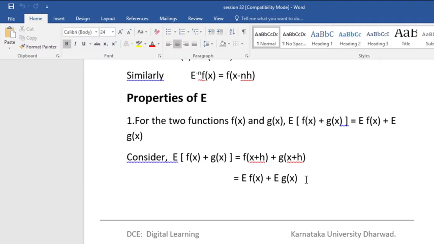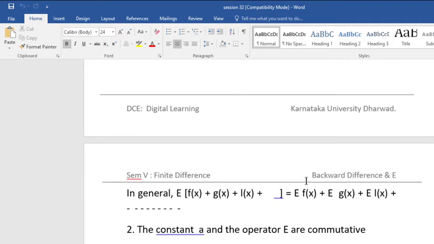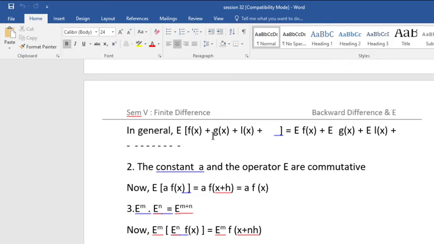So in general, if you have many functions, then E of f of x plus g of x plus i of x and so on, we can write as E of f of x, E of g of x, E of i of x, and so on.